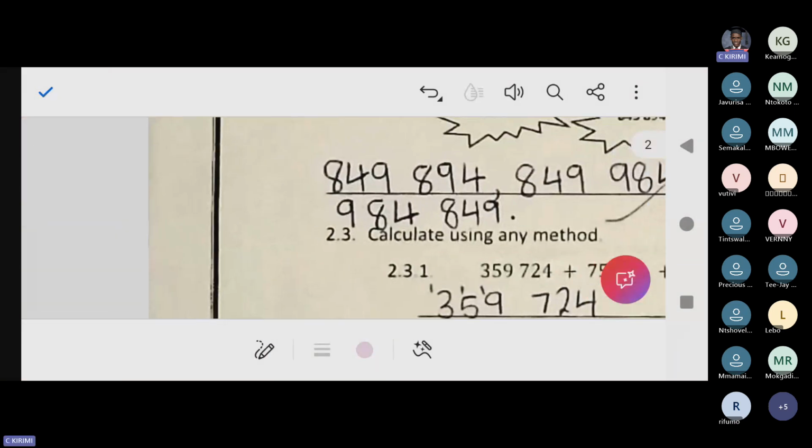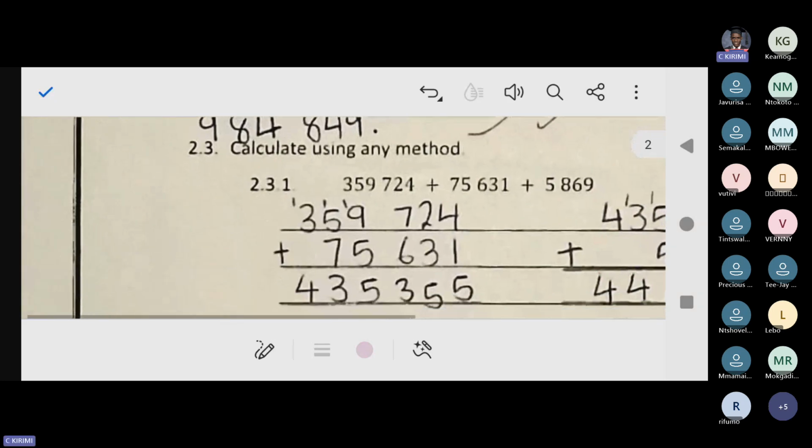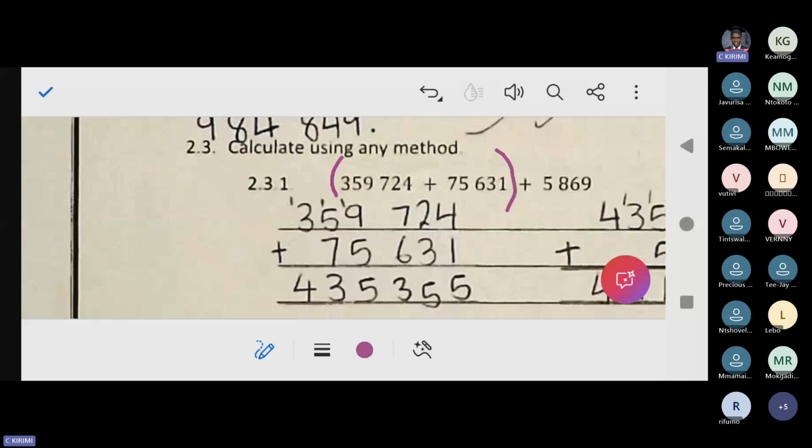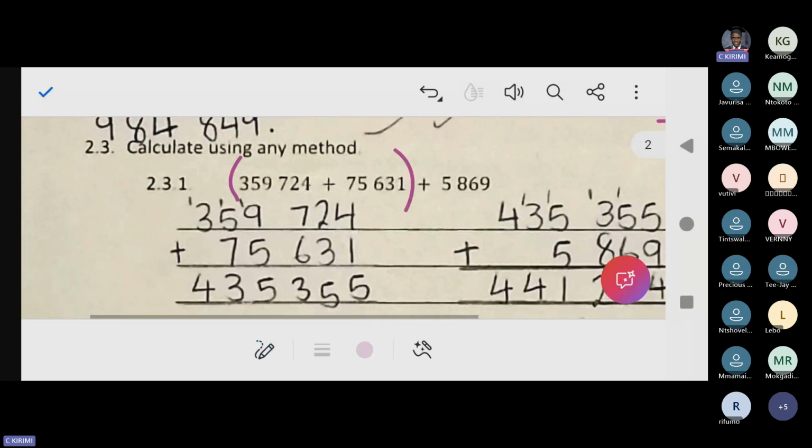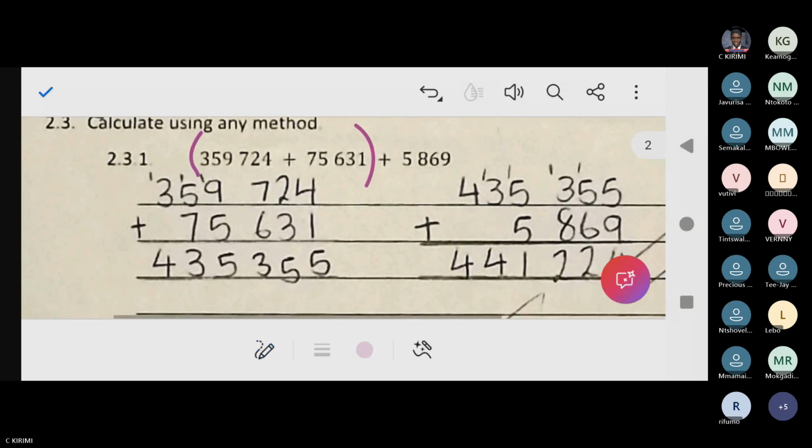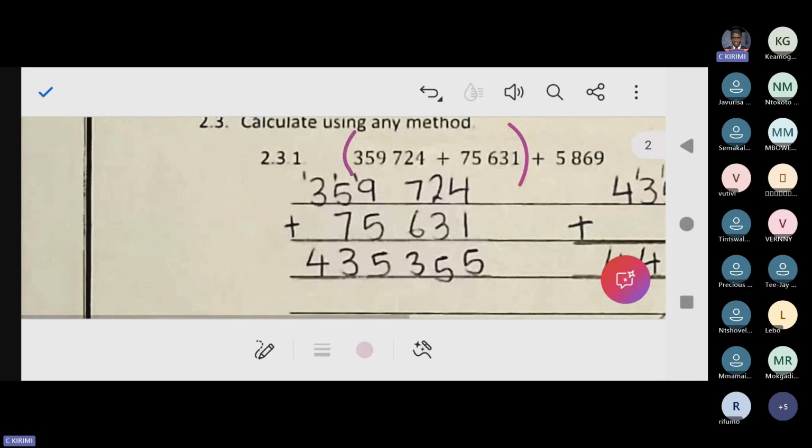You can add them one by one, for example, you first add these 2, then you get an answer, then you add the last number. Or we can add all of them at once. So let's start with the first addition, which is on the left.